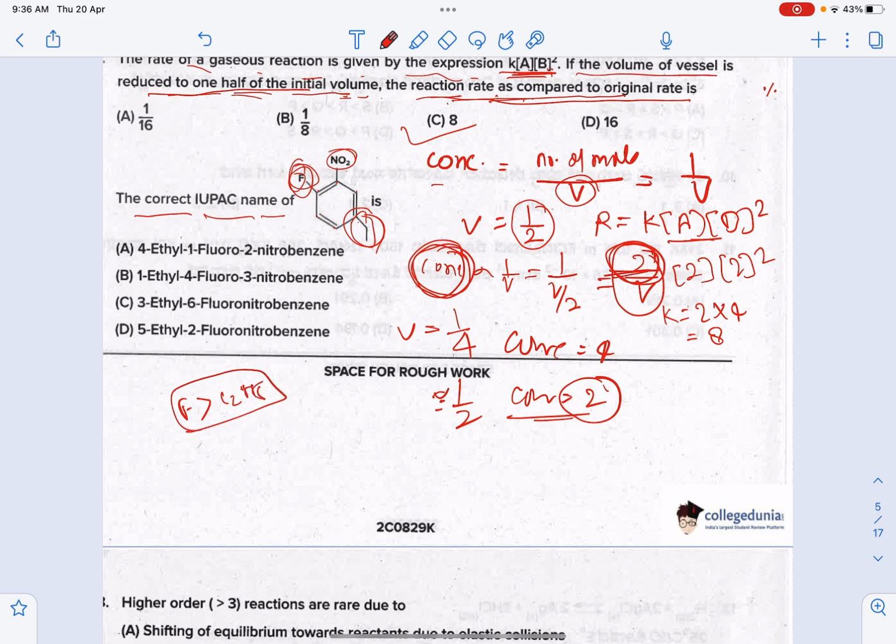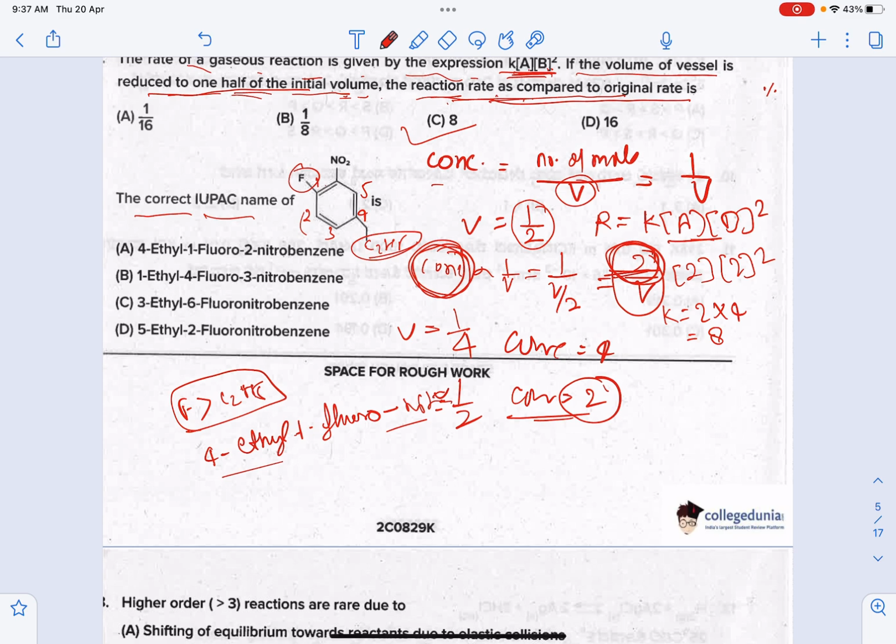Now we can keep numbering in this nitrobenzene. The numbering will be 1 2 3 4 5. So alphabetically, ethyl will come, and fluoro will come after the ethyl. So it will be 4-ethyl, 1-fluoro, nitrobenzene.